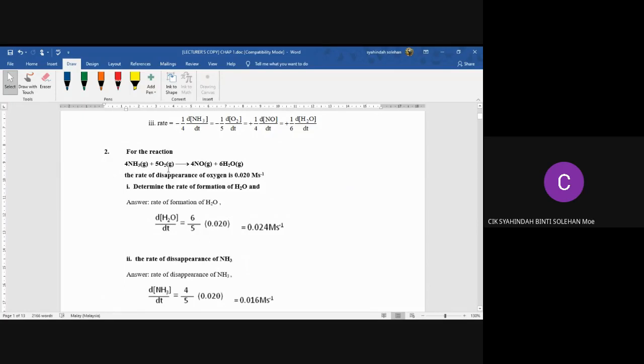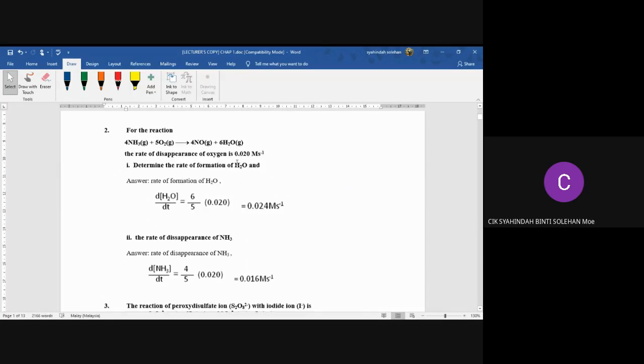Alright, so next ialah if you look at this reaction, di mana you have this kind of chemical equation and dia bagi tahu rate of disappearance of oxygen ialah 0.02 molar per second. Okay, so kat sini you tengoklah dia cakap rate of disappearance of oxygen. Bermaksud kalau you buat rate of disappearance of oxygen is going to be negative. Okay, negative tu kena wajib ada kat depan.